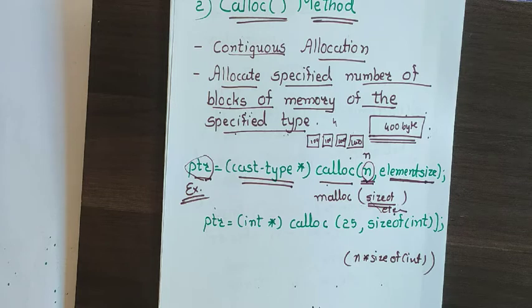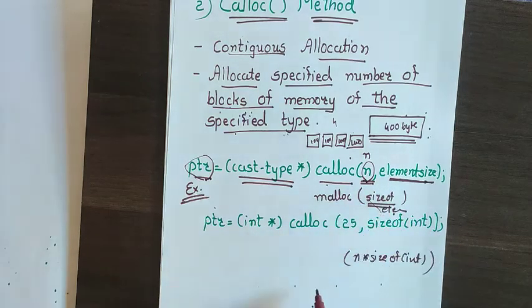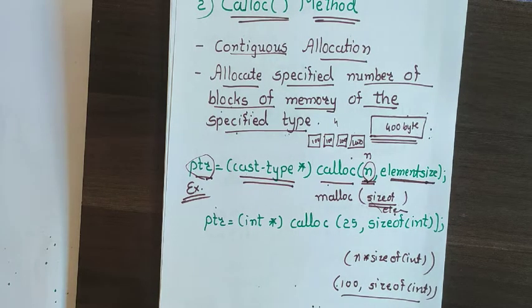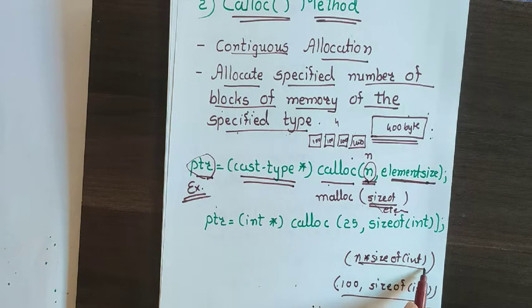But here, I just need to write 100 comma sizeof integer. Then it provides the same amount of data, but the difference is that here it provides 100 blocks of 4 bytes, while malloc provides 400 bytes as a single block.